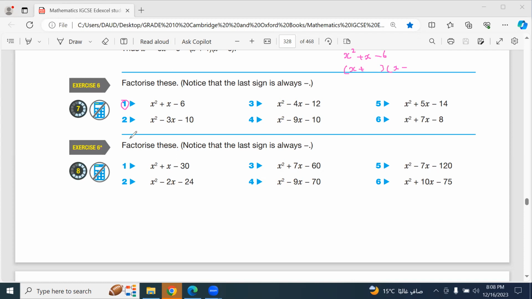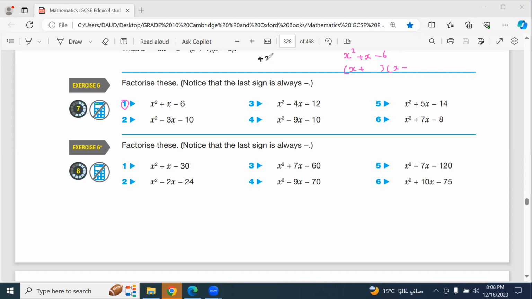So we will think about two numbers. If we multiply, it must be 6, and if we add and subtract, it must be plus x. So which numbers are these? 3 twos are 6, and 3 minus 2 gives us 1.